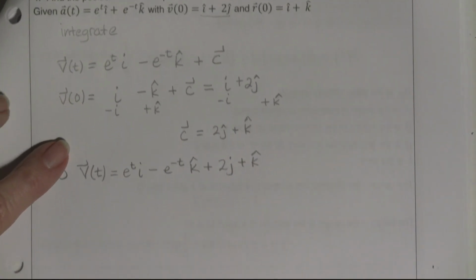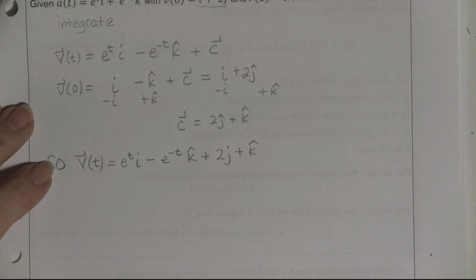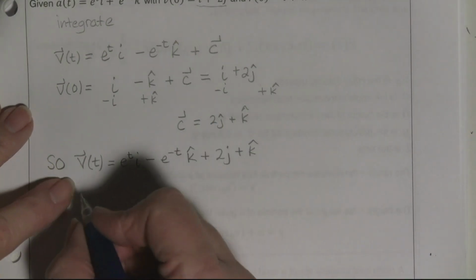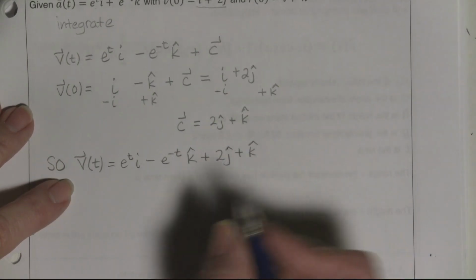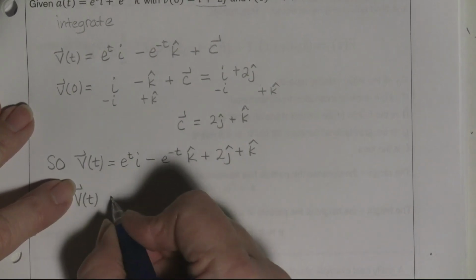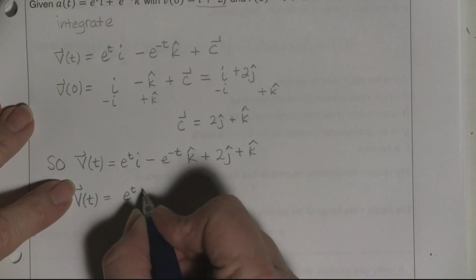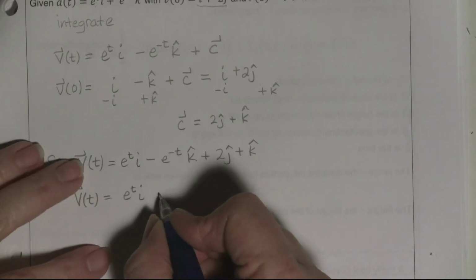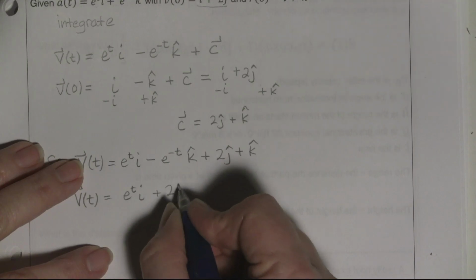And then we can combine the k's together and put the j where it normally goes. So this is going to be our velocity. e to the t i plus 2j.